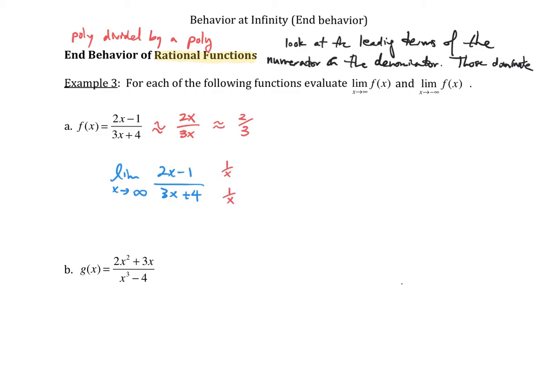Multiplying top and bottom by the same thing effectively multiplies my rational function by the number 1, so I'm not changing anything. I take great care to distribute properly, and I get the limit as x goes to infinity of 2 minus 1 over x divided by 3 plus 4 over x.